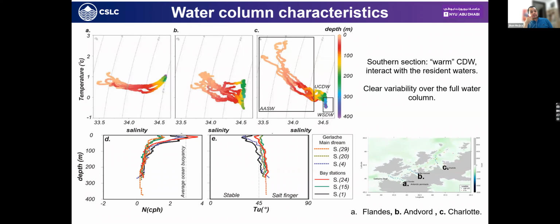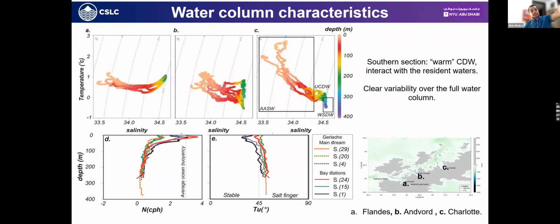In general, as I already mentioned, here we have the three bays. We have taken account A in the south, Flanders, B Ann-Bor in the middle, and C Charlotte. Those three, in such a small area, can identify different areas and trends that are conserved during the full study period, and of course can be affected and impacted by the different water masses.